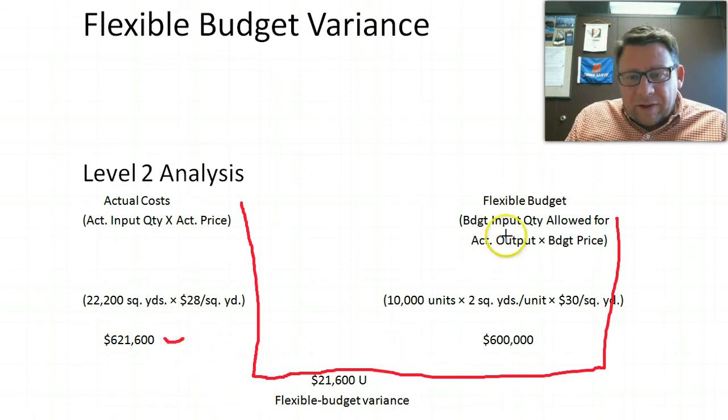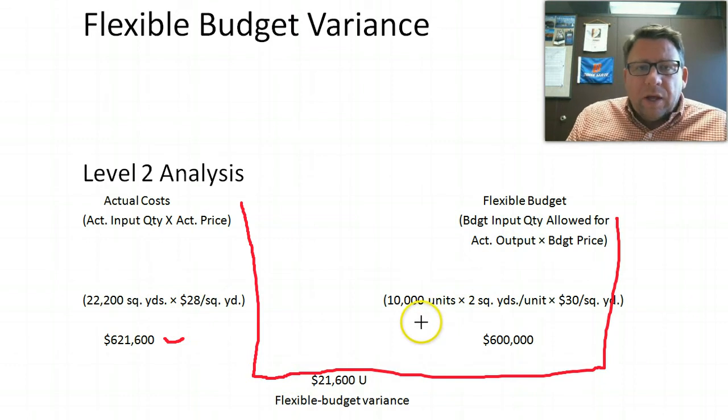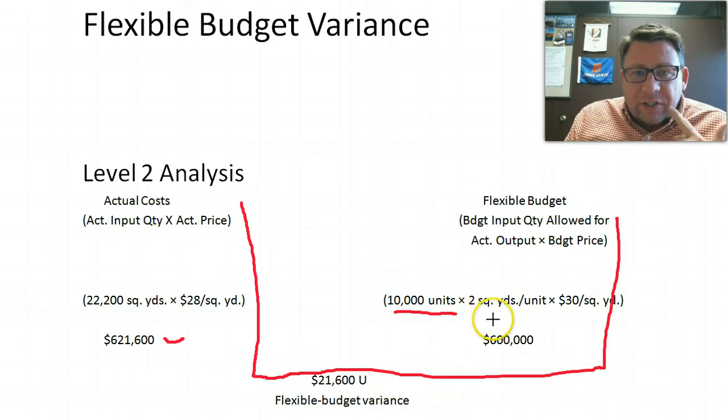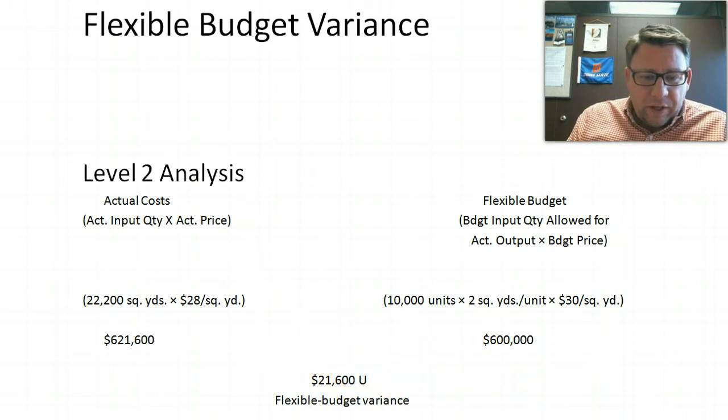And then our flexible budget was, we had actual units of 10,000 units, but our standard quantity was 2 yards per jacket, and our standard cost was $30. And so that's where we end up with the unfavorable flexible budget variance.